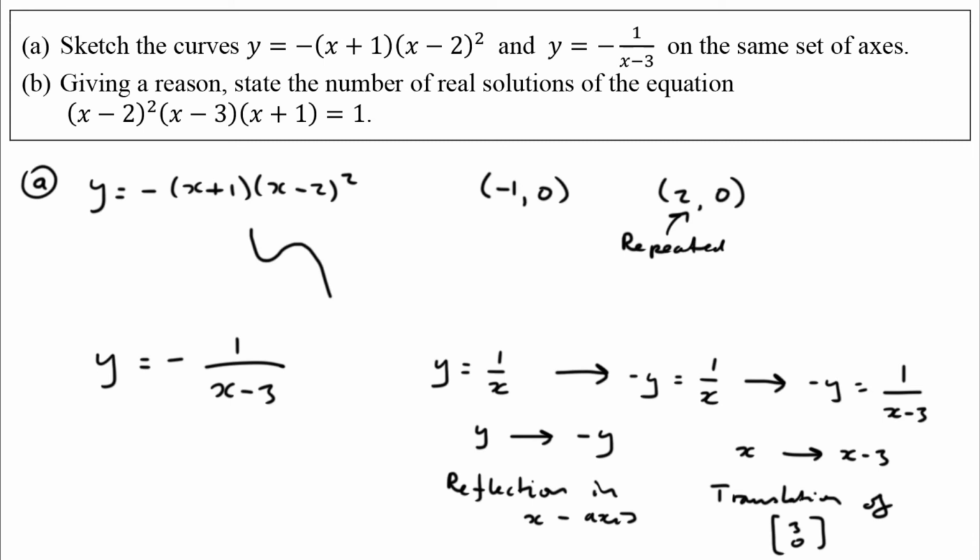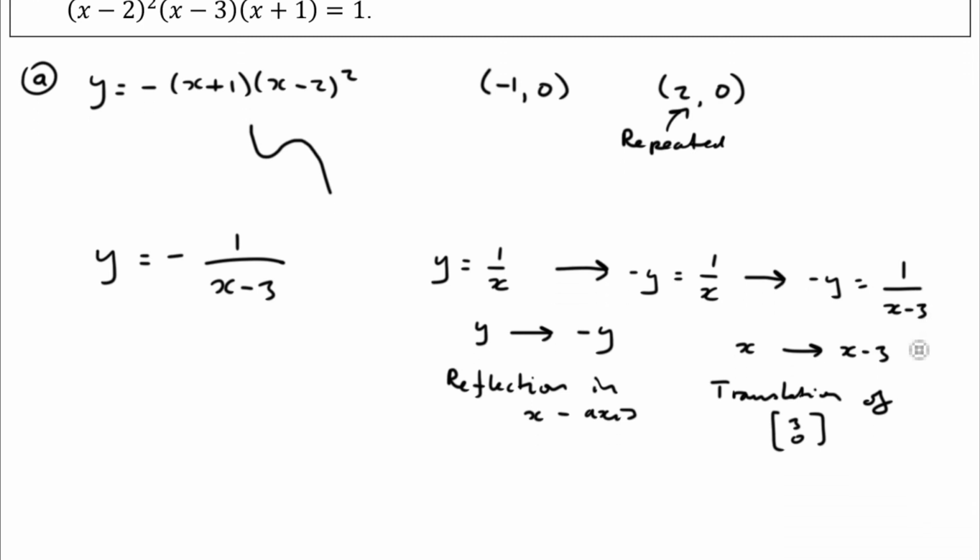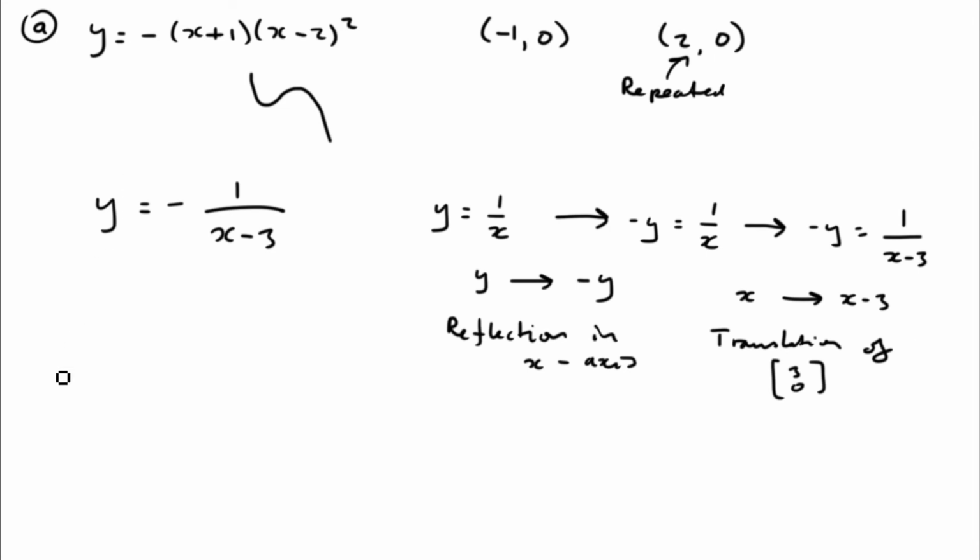Now, how do we deal with this equation? I think we should have a reasonable expectation that this is something to do with the intersection of the two curves we've been working with. So what would happen if we did look at the intersection of those two curves? Well, that means we would be looking at the points where the curve y equals negative (x plus 1)(x minus 2) squared intersected the curve negative 1 over x minus 3.